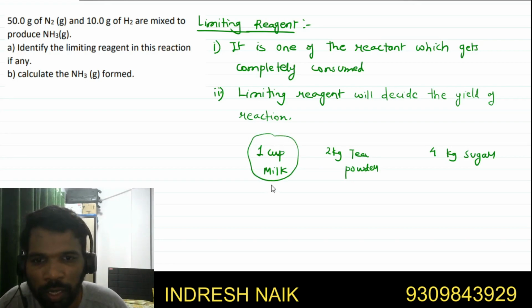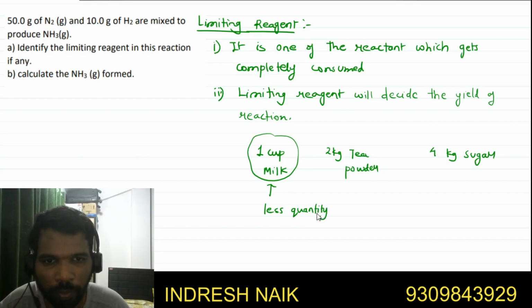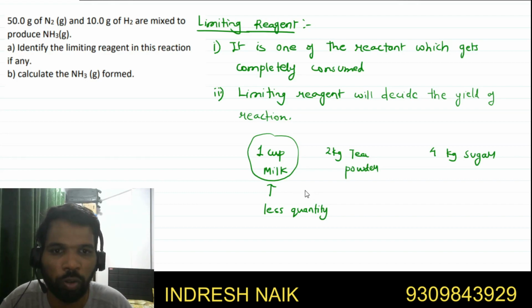Why? Because milk is in less quantity compared to the tea powder and sugar. Even though it is supplied, you are not going to use it all. You are going to use it in that particular ratio only.